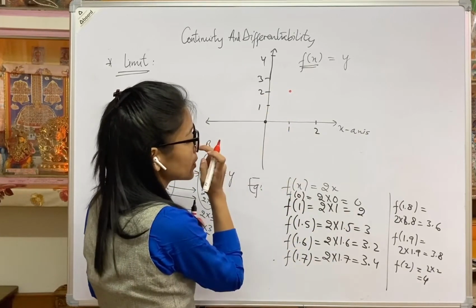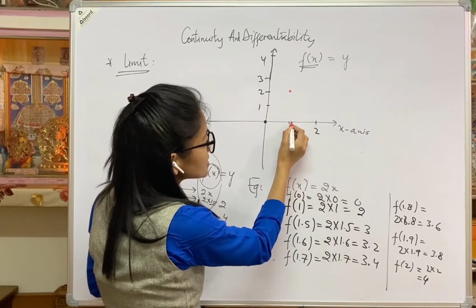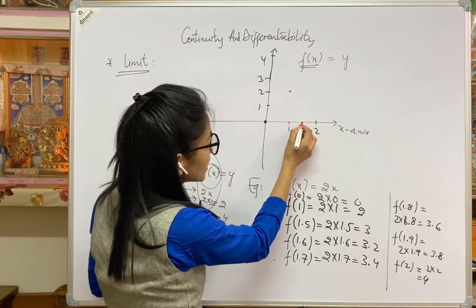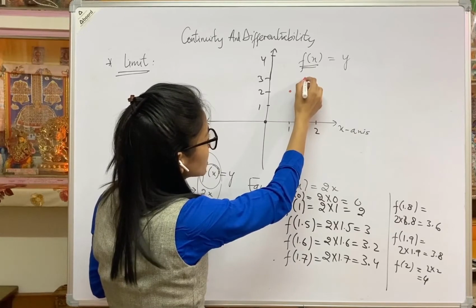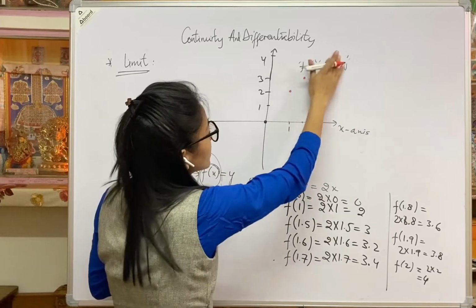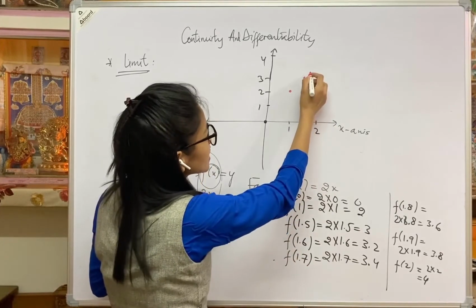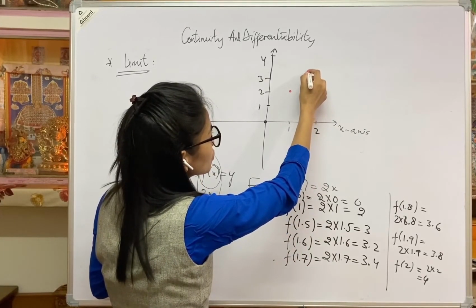So that is 1, 2, right? And when x is 1.5, it was 3, and when x is 1.6, it is 3.2, right?